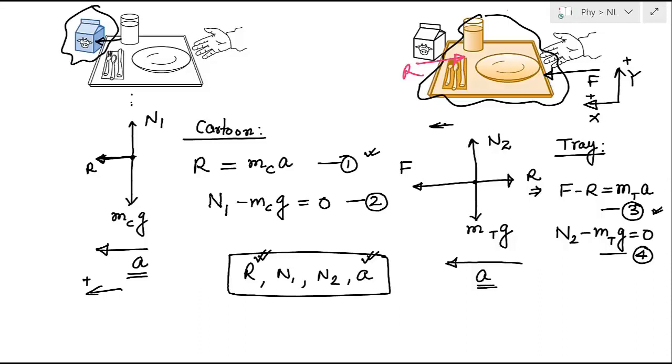Let us plug the value of R from equation 1 into equation 3.